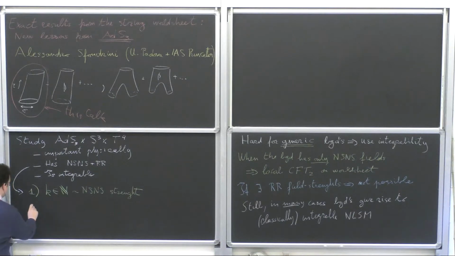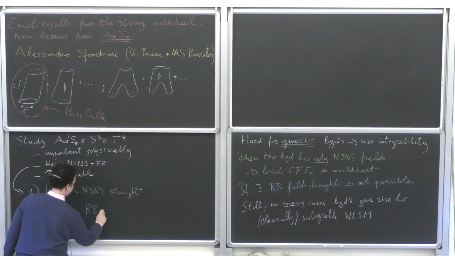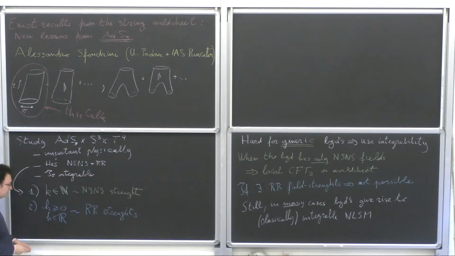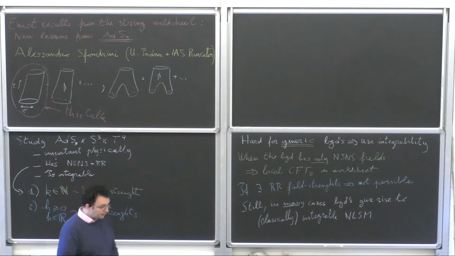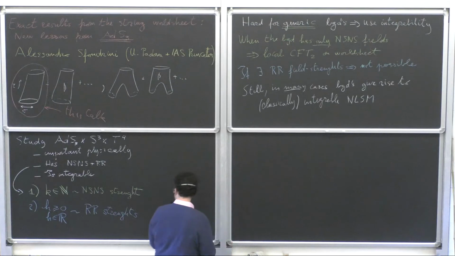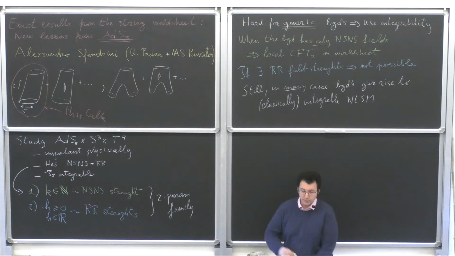And the other parameter, I call it h, and this is a real number. And this is related to the Ramond-Ramond strength. So let me tell you qualitatively what happens to these backgrounds. So this is a 2-parameter family. And let me tell you the extreme case in which we have one and not the other.